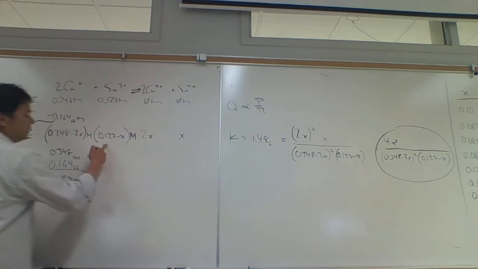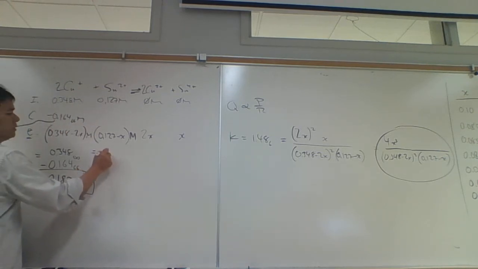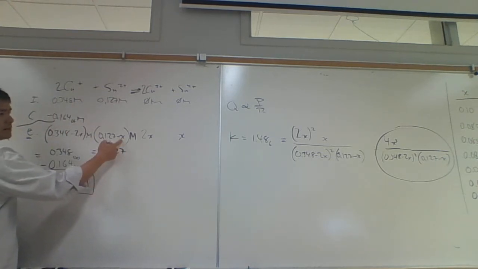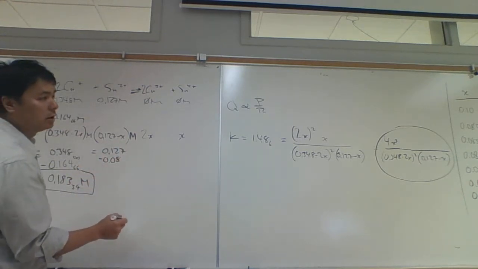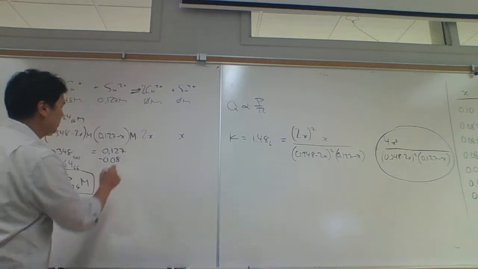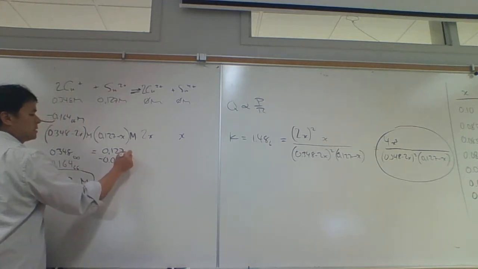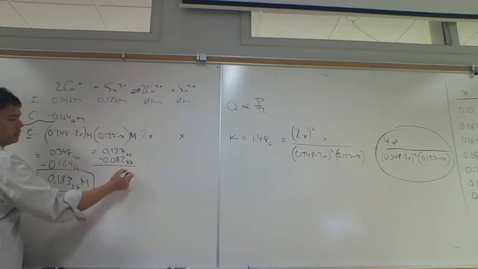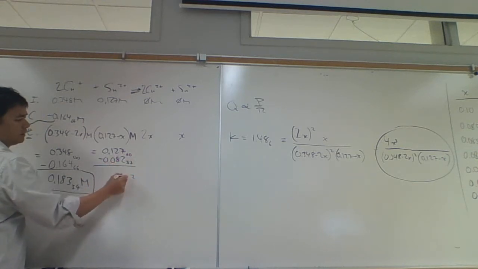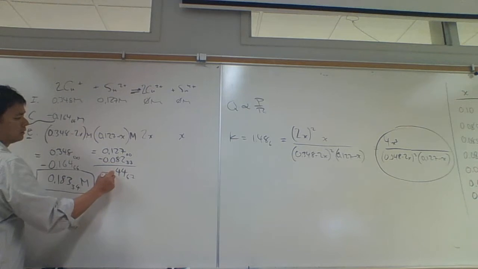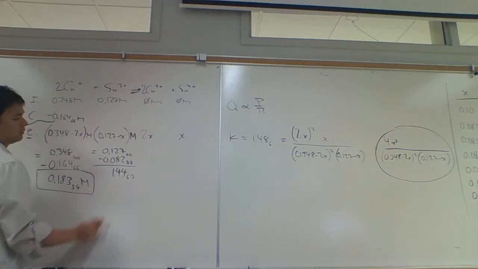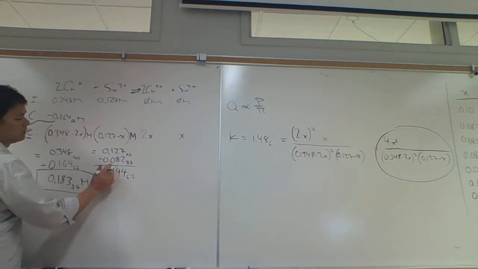All right, now going over here, we started off with 0.127, and we're going to lose x, which is minus 0.08233. So let's carry some extra zeros there.